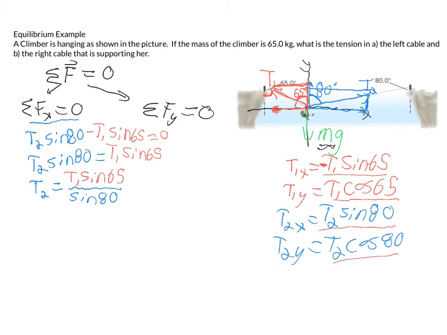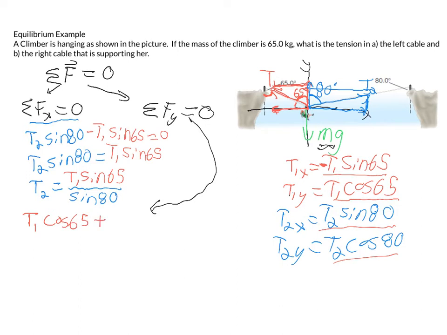So now let's try doing the forces in the y direction. What do we have going on in the y direction? Well, we have T1y, which we know to be equal to T1 cosine of 65.